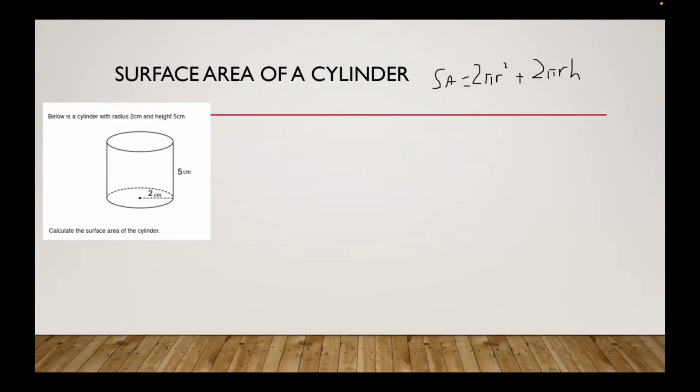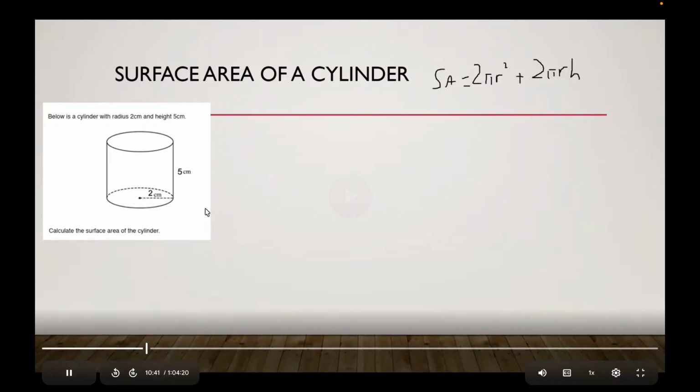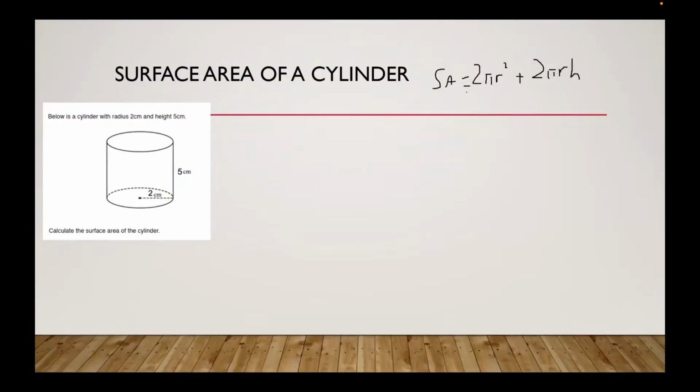So basically, in this formula, if we were going to break it up a bit, the 2 pi r squared refers to the circle at the top and the circle at the bottom. In a cylinder we have two circles, the one at the top and the one at the bottom.